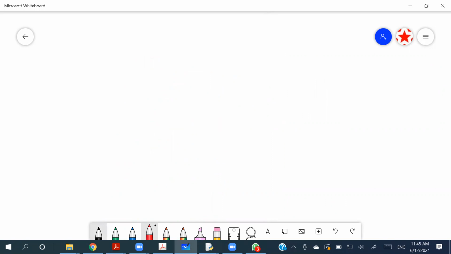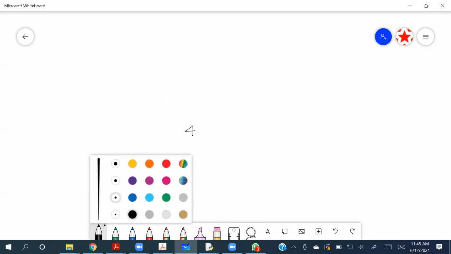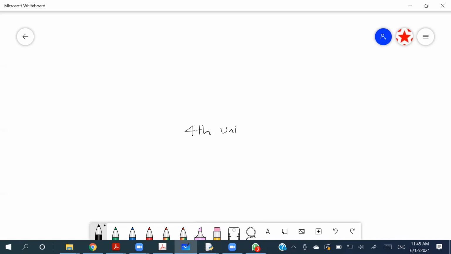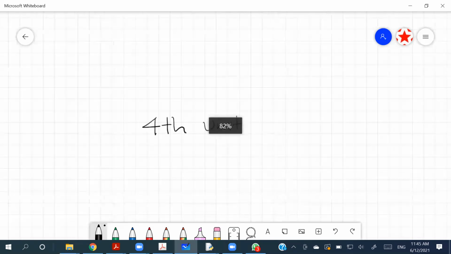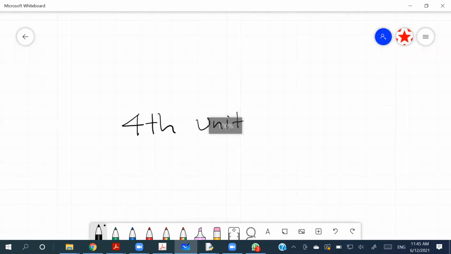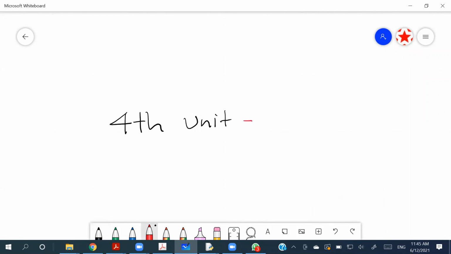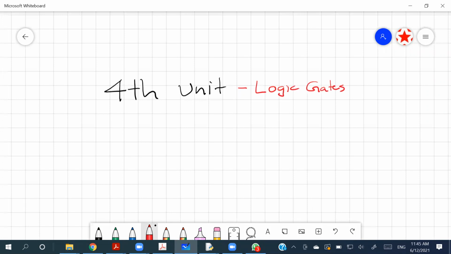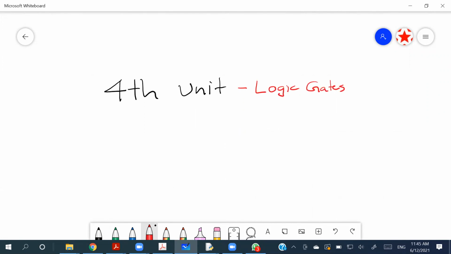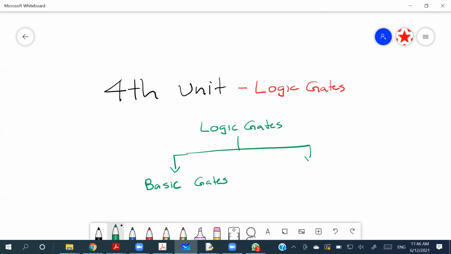So the fourth unit. These gates, as I told you, are divided into two major parts, which is called basic gates and the other one is called the combinational gates.